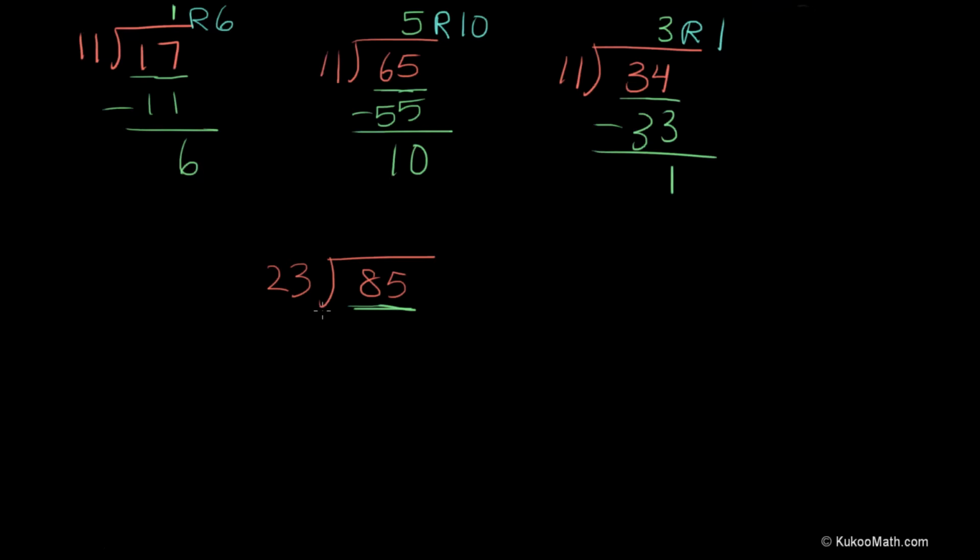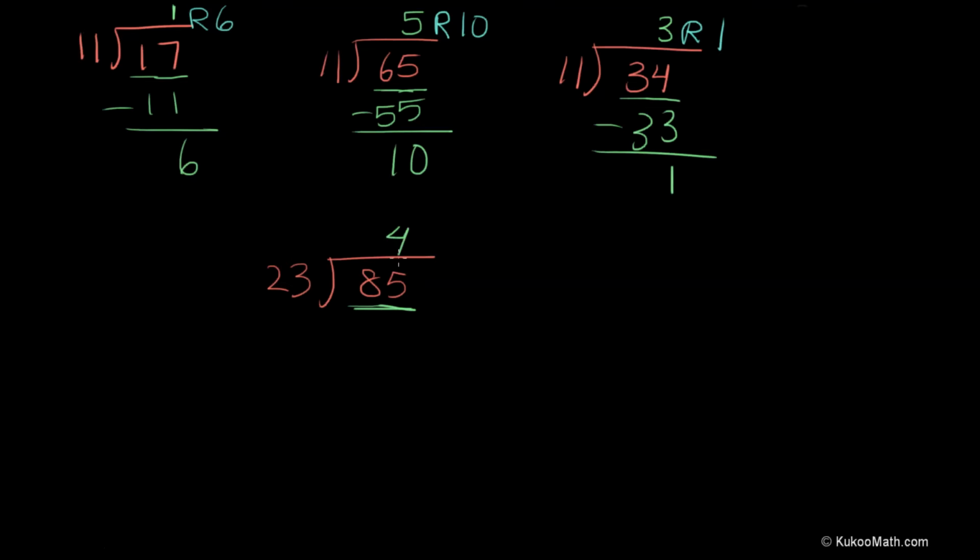So this is the part where we have to start doing a little bit of guessing. Let's see if we can estimate how close we can get to 85 without getting over it. If we look at this 23, we can say that's around 20. And let's say 85, we round down to 80. So 80 divided by 20 is 4.